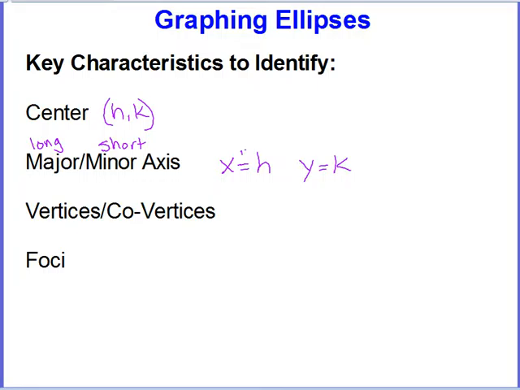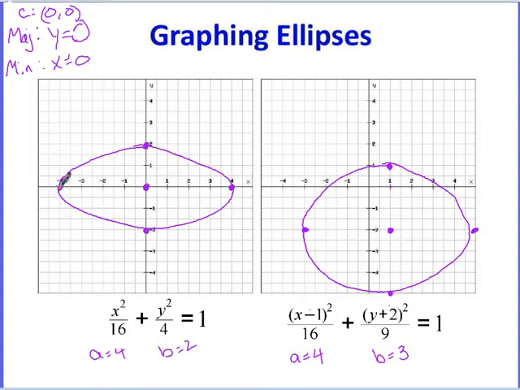Then we also have to identify vertices and co-vertices. Vertices are on the major axis, co-vertices are on the minor axis, and it's just the points that we drew on the edge of the ellipse. So these points right here that I drew on the major axis, those are the vertices.